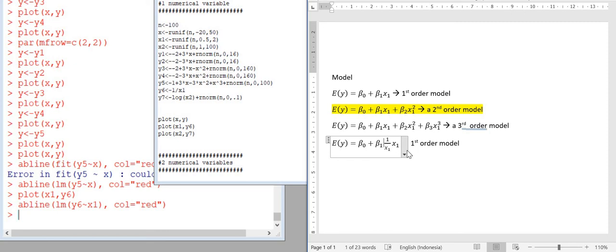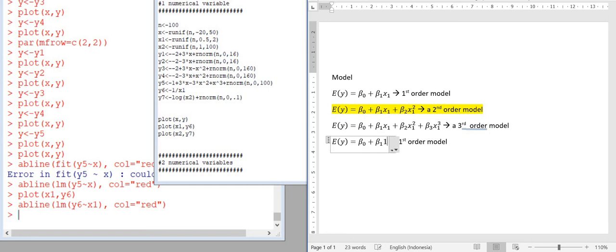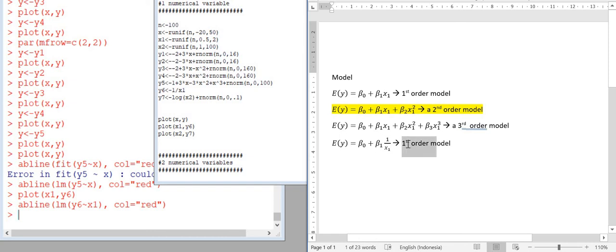That should be my proposal for this model: beta 1 times 1 over x1. So this is called an inverse function.